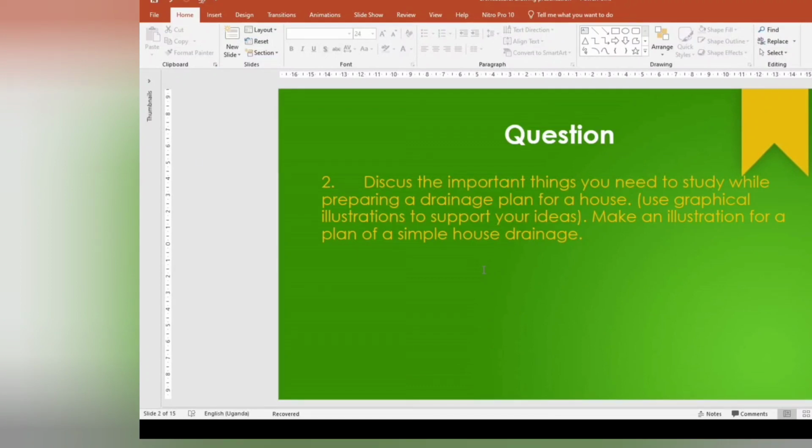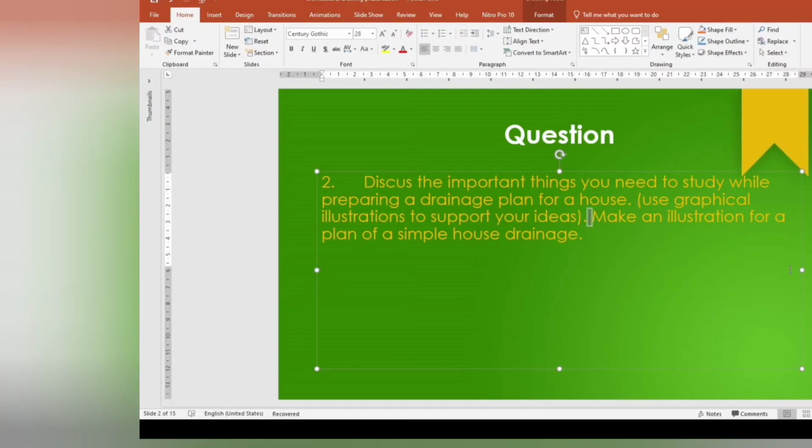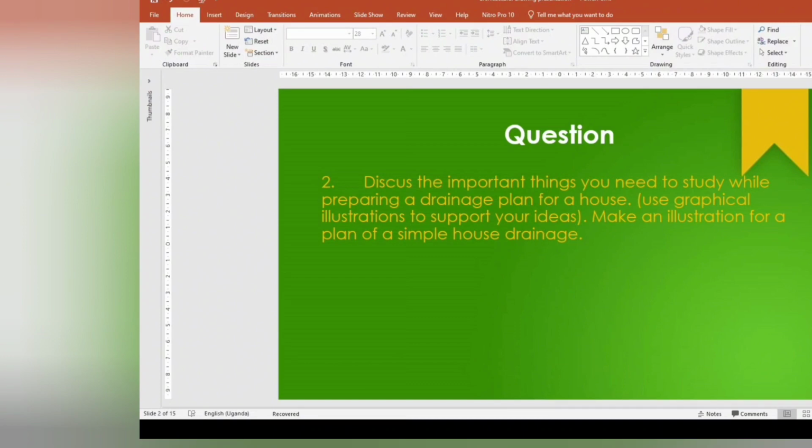We have managed to answer it up to this point, meaning in our next video we are going to make an illustration for a simple plan of the house drainage. That's what we shall look at in our next video, and then we look at other numbers in the upcoming videos.